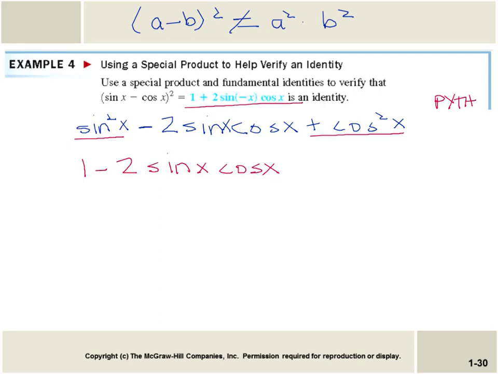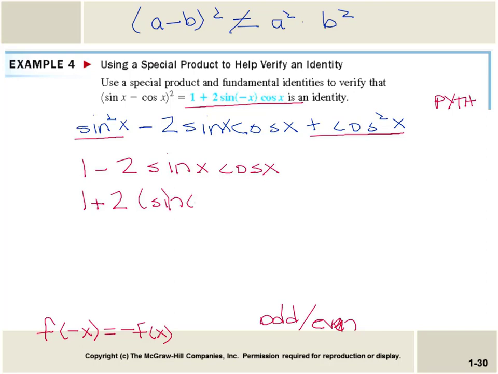So remember, with odd even, so this is the odd even question. With odd even, I can say that f of minus x is equal to minus f of x, right? So I can say this is 1 plus 2 times the sine of minus x cosine x.